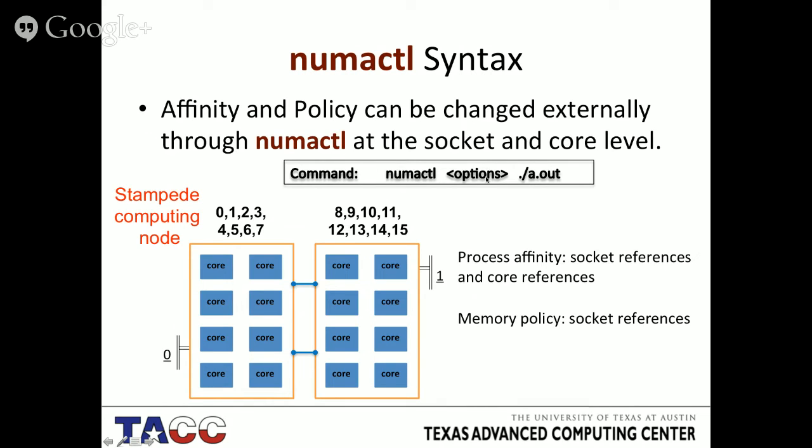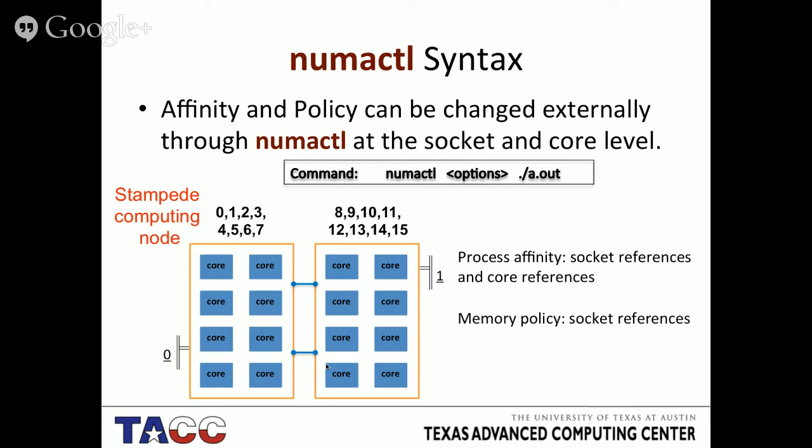What are these different options? Part of the arguments for these are either a socket number, here's socket 0, or socket 1. Now, I'm going to change language on you a little bit. I'm going to start using the NUMA language in that they call this a node and they call this a node. Hardware-wise, the node is that big case that has both of these in there with the disk and everything.